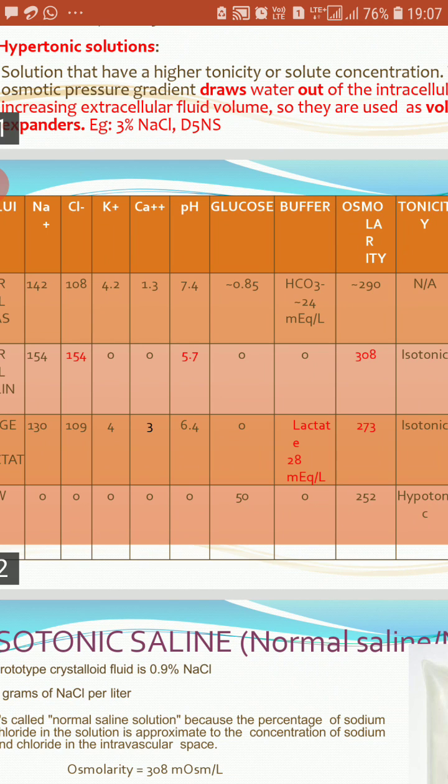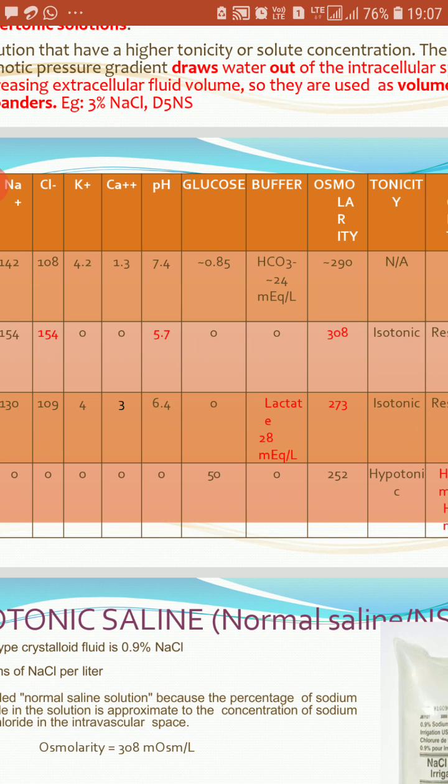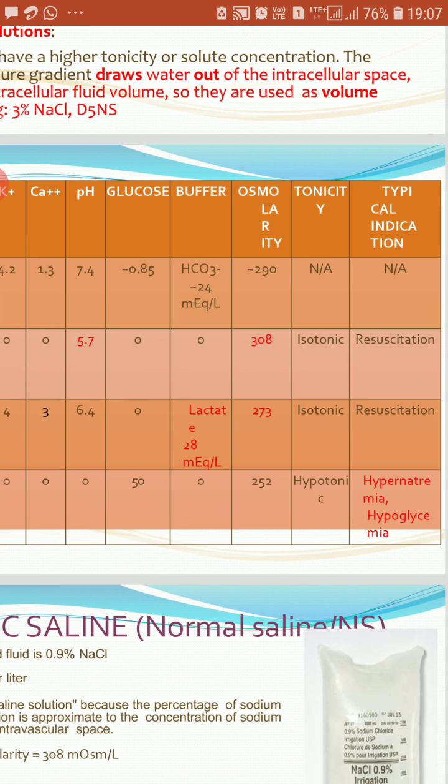Here we can also see the pH is decreased. Osmolarity of normal plasma is around 290 millimole, and in 0.9% NaCl it is 308, slightly more, but it is still within the 10% change, so we consider it isotonic and it is used for resuscitation.